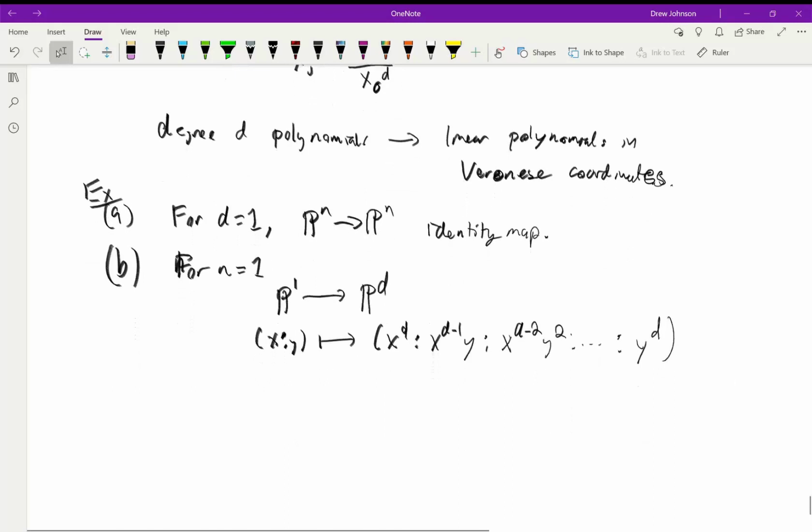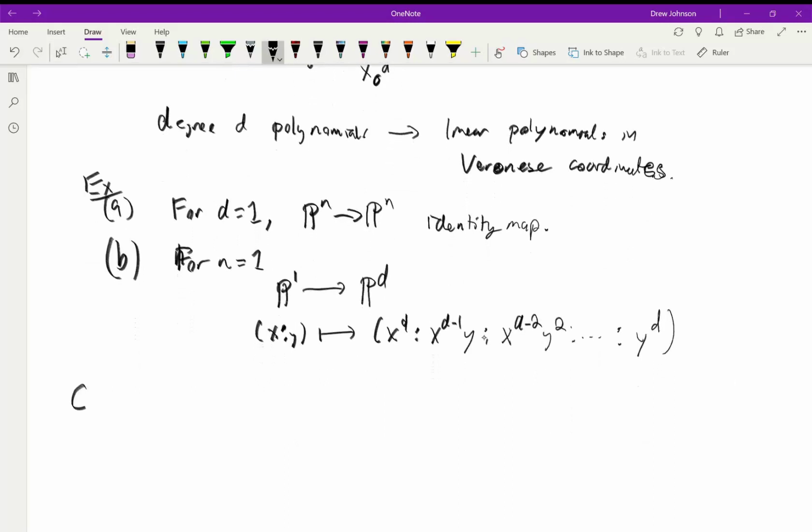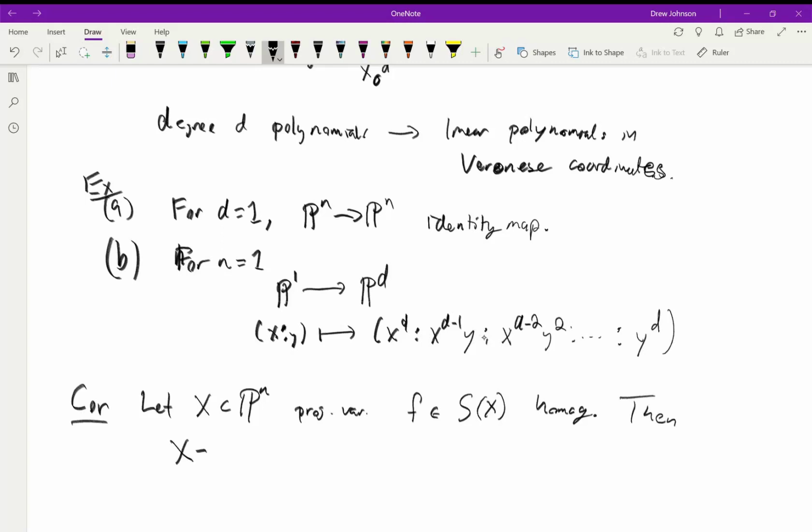Now let's do the example where we use the Veronese to prove something interesting that I promised you. All right, so let X in Pn be a projective variety, and let f be homogeneous. It should be non-constant too. Then X, subtract off the vanishing of f, so X minus this hypersurface, will be an affine variety.